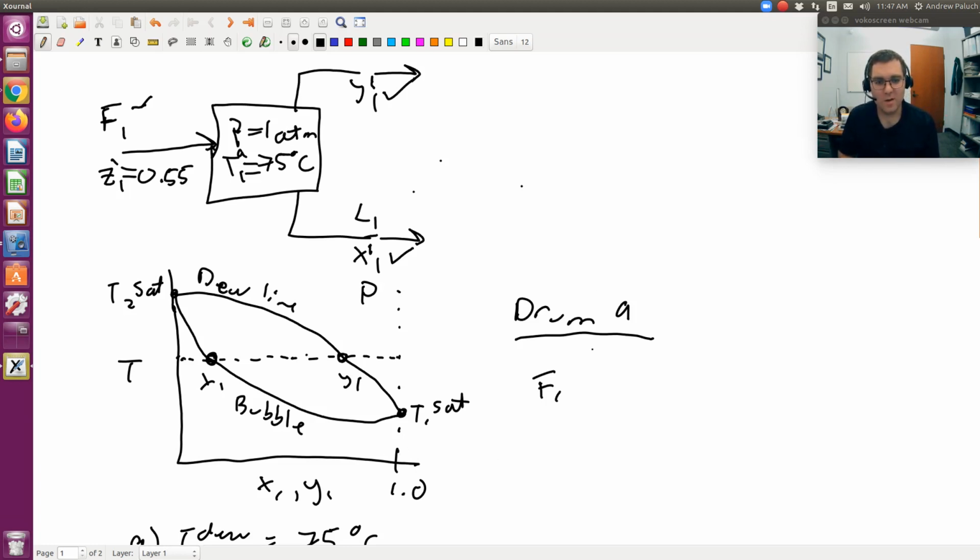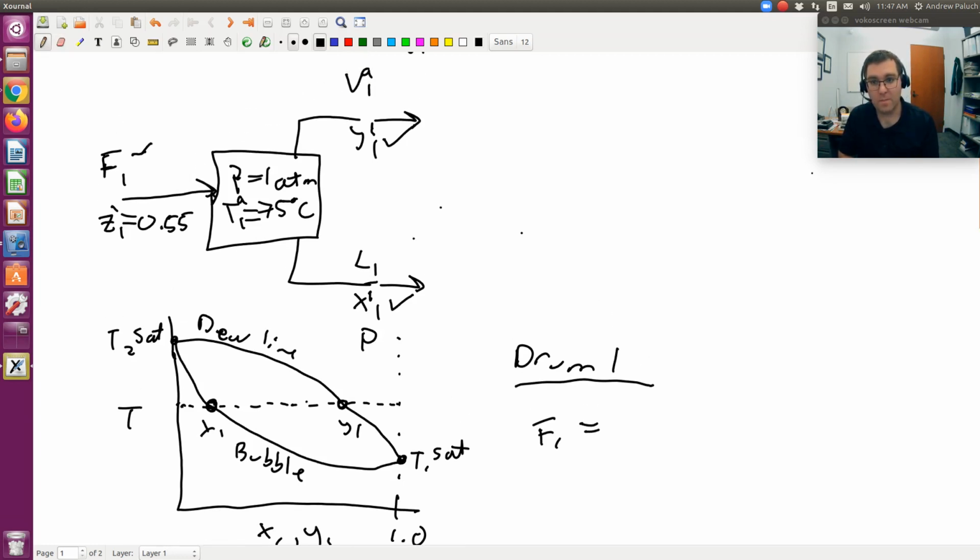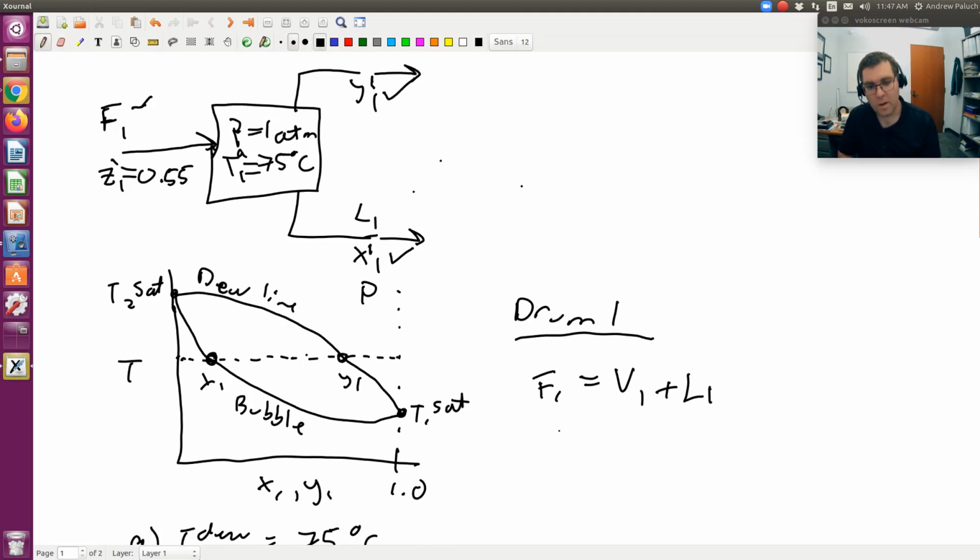I could write down, so this would be drum 1, a total mass balance: F1 is equal to V1 plus L1, and then my component mass balance, I would have that Z1 times F1 is equal to Y1 V1 plus X1 L1.